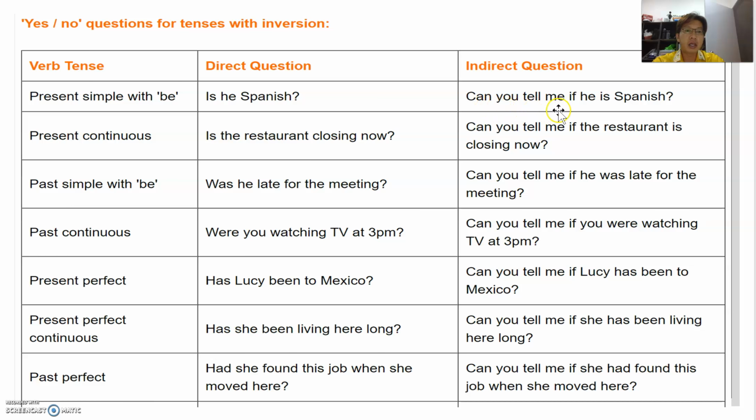Can you tell me if he is Spanish? Okay. Is the restaurant closing now? Can you tell me if the restaurant is closing now? Okay. Can you see the difference between direct question and indirect question?